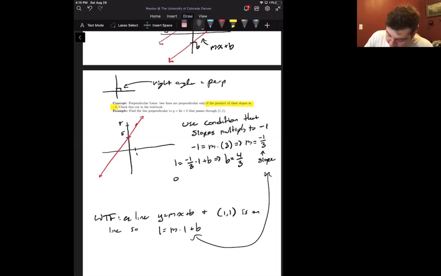Therefore, our line is y equals -1/3 x plus 4/3. And we can just hop into our graph and graph that line. So at 4/3, we go over 1 and down, and we'll get a line that looks like this.